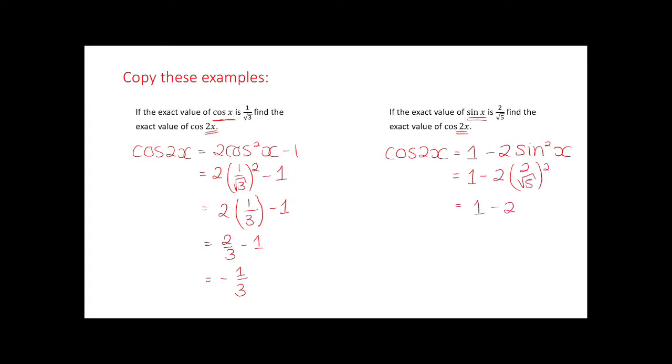That gives us 1 minus 2 times, so 2 times 2 gives us 4, root 5 times root 5 gives us 5. Keep simplifying, that gives us 8 over 5, 1 minus 8 over 5, which gives us negative 3 over 5. So the exact value of cos 2x when sin x is 2 over root 5 is negative 3/5.